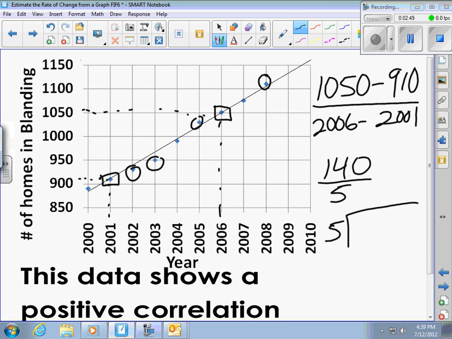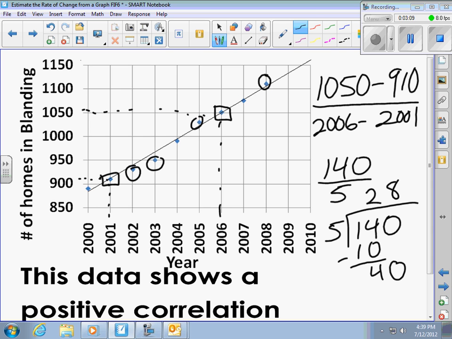Five goes into 140. 5 goes into 14 twice. 2 times 5 is 10. 14 minus 10 is 4. Bring down the 0. 5 goes into 40 8 times.